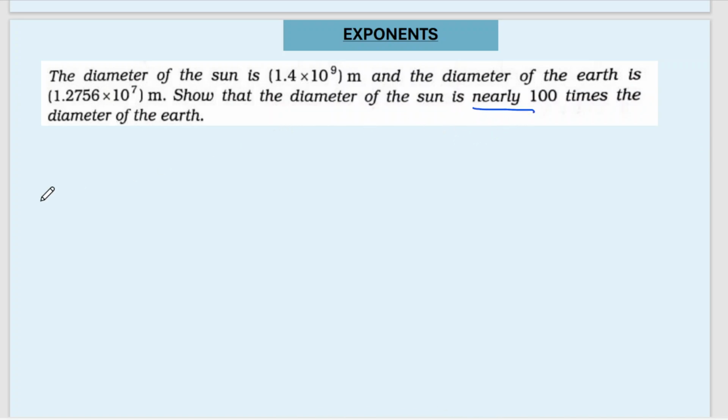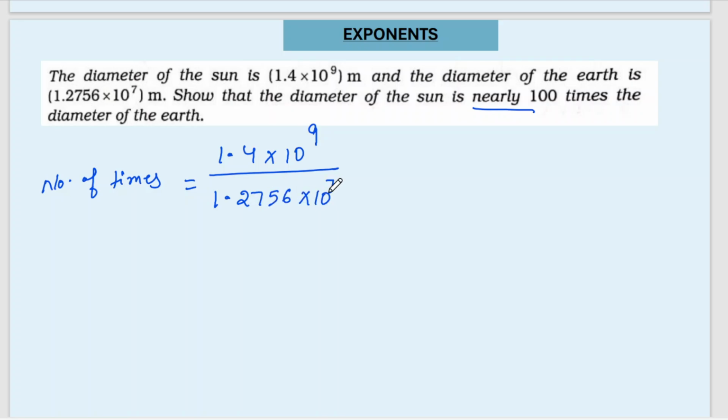We know the diameter of the sun is more than the earth. So how many times? Number of times equals 1.4 into 10 to the power 9 divided by 1.2756 into 10 to the power 7.